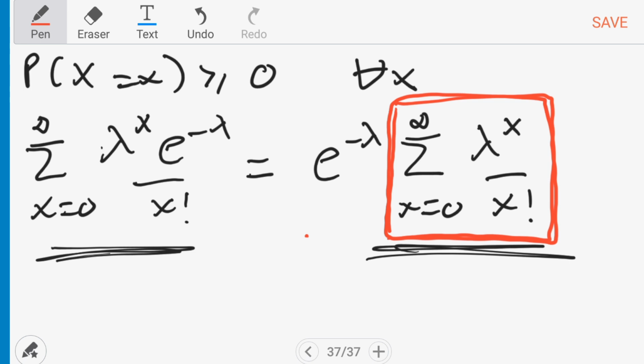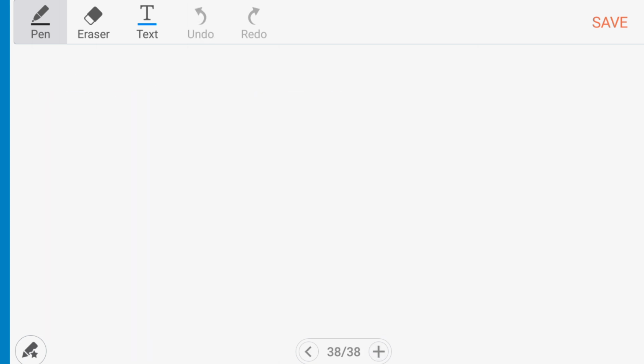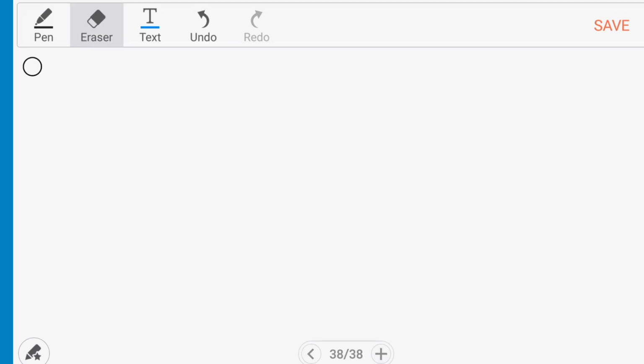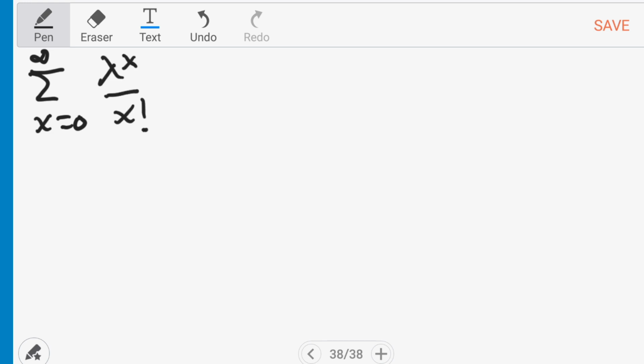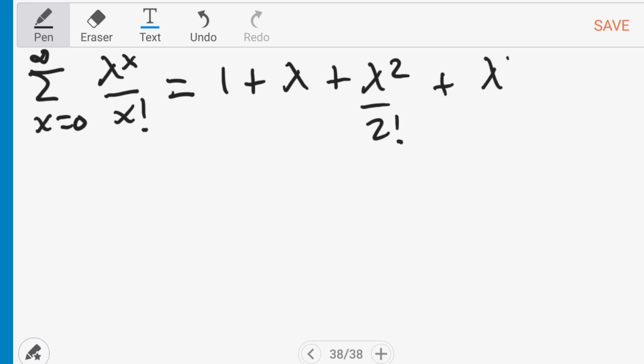Okay, so let's go back to the Maclaurin series, which states that if you sum from 0 to infinity lambda to the power x on x factorial, you should get 1 plus lambda plus lambda squared on 2 factorial plus lambda to the power 3 on 3 factorial plus, till you get to infinity.